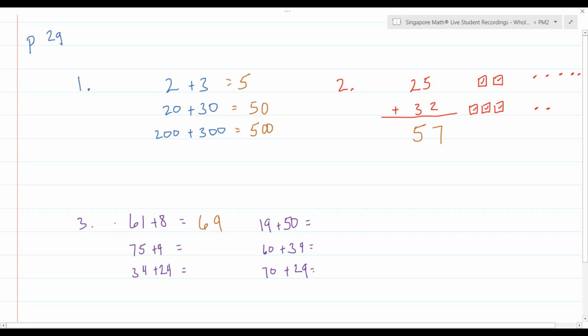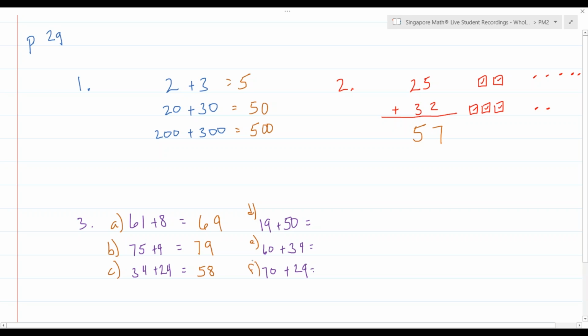The next one, this is A, and then B, and then C. 75 plus 4, we have 7 tens and 5 ones. If we add 4 more ones, we'll have altogether 9 ones. Think about letter C, 34 plus 24. That's 3 tens and 2 tens. That's a total of 5 tens. 4 ones and 4 ones is 8 ones.